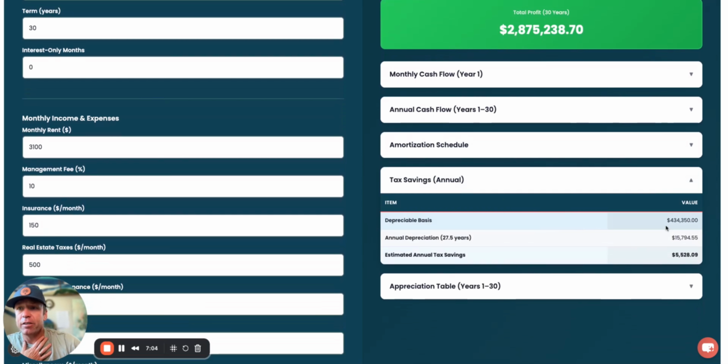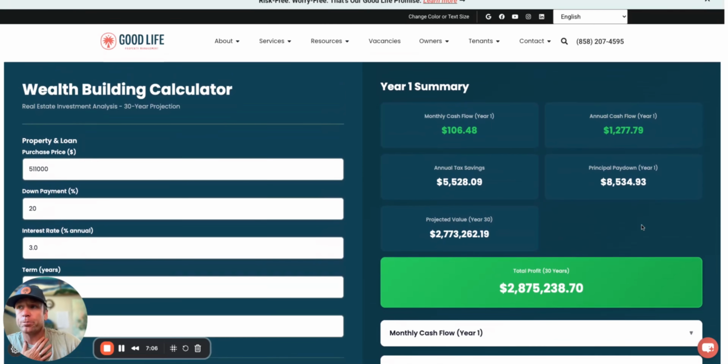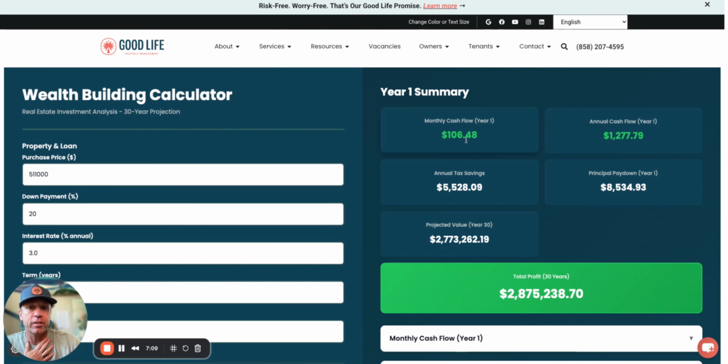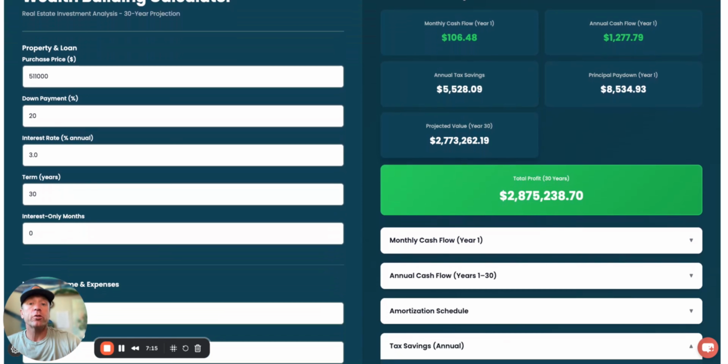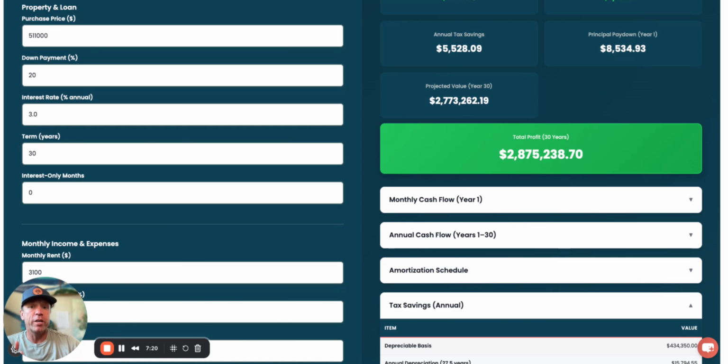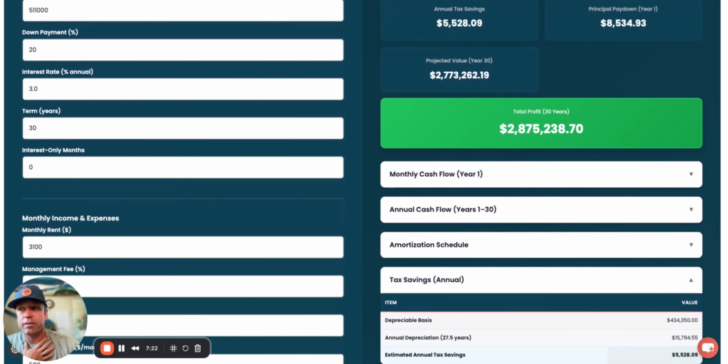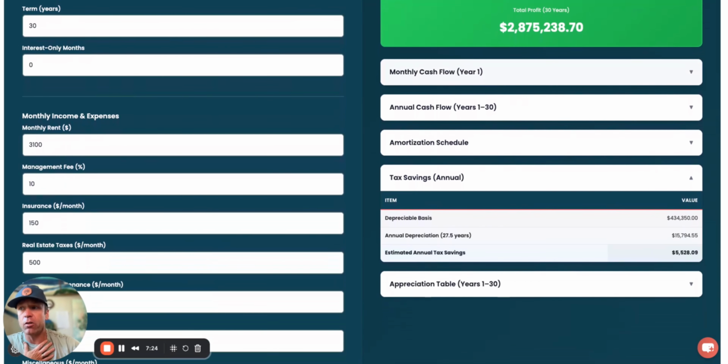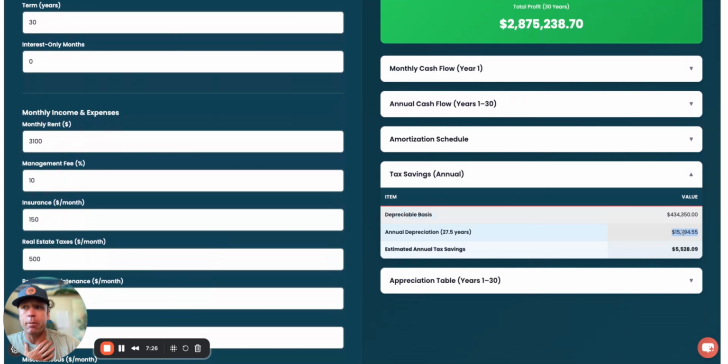Then you have your tax savings annual, and this also takes into account the cash flow. This is a small cash flow amount, so it doesn't change much, but let's say you had a negative $500 a month. That's also a tax deduction, right? So you get to write off your losses depending on your situation, either in that year or over a series of years or when you eventually sell the property. But you'll see in this example, you get to write off almost $16,000 in depreciation alone off of your income tax.